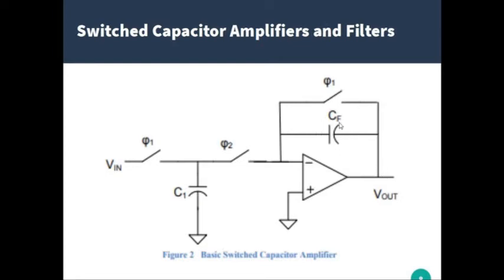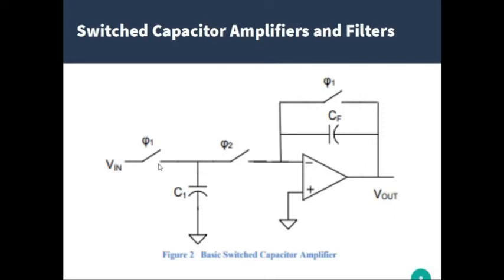So whatever input comes from C sub 1 will be taken by the feedback capacitor accurately. If it is not discharged by phi sub 1, there will be error in the output. So that's the purpose. In phi sub 1, the feedback capacitor is discharged and C sub 1 is charged.